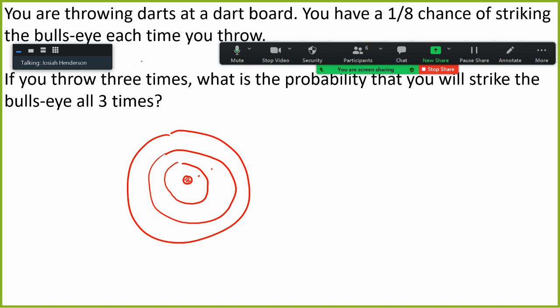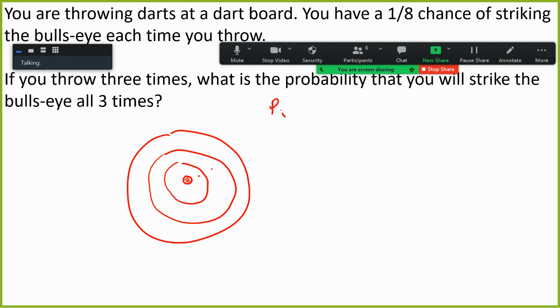You're throwing darts at a dartboard. You have a 1/8 chance of striking the bullseye each time you throw. If you throw 3 times, what is the probability you will strike the bullseye all 3 times?